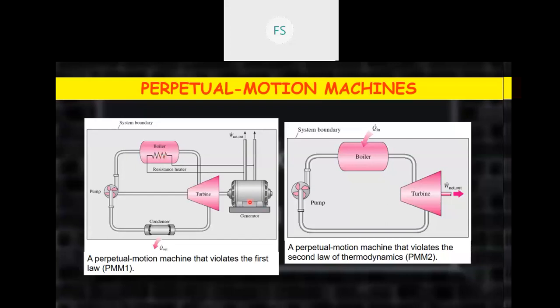So that means the generator creates energy for boiling the water. And this PPM shows that it violates the first law. Therefore, they call this kind of system perpetual motion machine number 1.